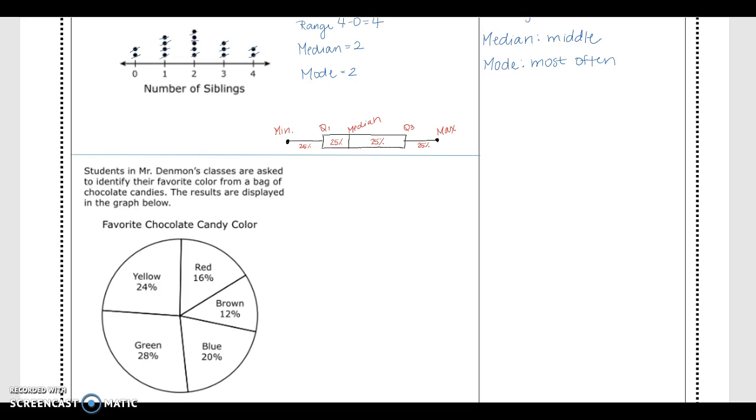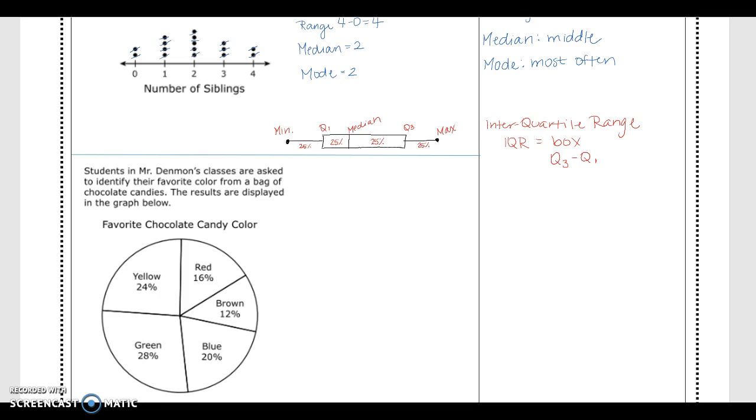So quartile 1, quartile 2, and then they have the interquartile range, which is called the IQR. It's the box, right? So it's going to be quartile 3 minus quartile 1. All right. So that's a good review for you on box plots.